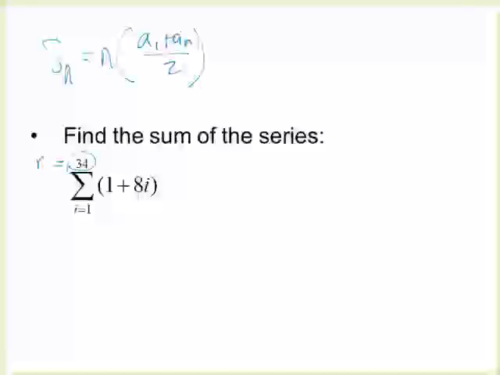If we start at 1, the top number is our n value. We will talk in our very last example about what happens when we don't start at 1. But if you start at 1, which is what's going to happen most of the time, then the top. So we are looking for the sum of the first 34 terms. So n is 34.